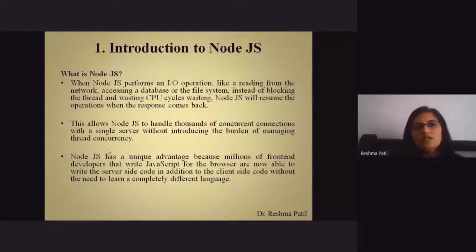So using a single server, Node.js handles thousands of concurrent connections because of the non-blocking feature. Node.js has a unique advantage: millions of front-end developers that write JavaScript for the browser are now able to write server-side code in addition to client-side code, because Node.js can work on both sides, client-side as well as server-side.